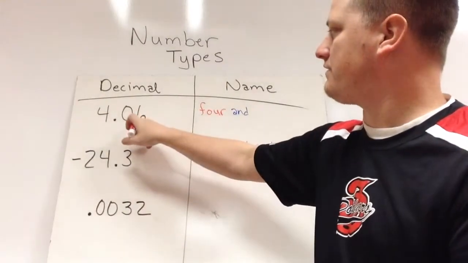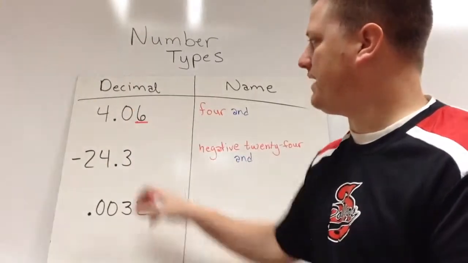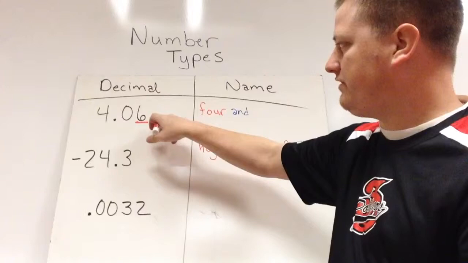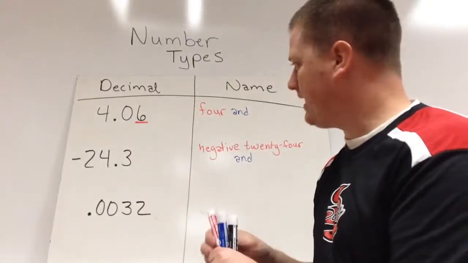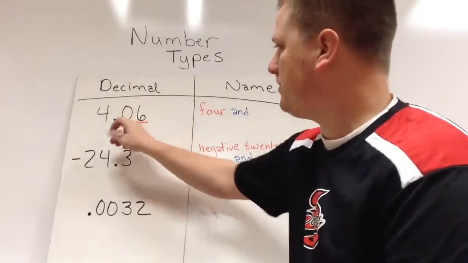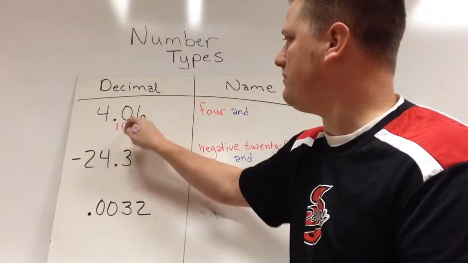So here, the 6 is in the last place. There's 1, 2 decimal spots. So this one's called tens, this is hundreds, and then thousands, 10,000s. It just keeps going. Basically, you can think about it, this place value, if you put a 1 in front of it, would be 10. If we put a 1 in front of this, it'd be 100.